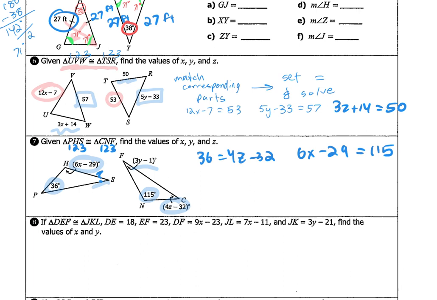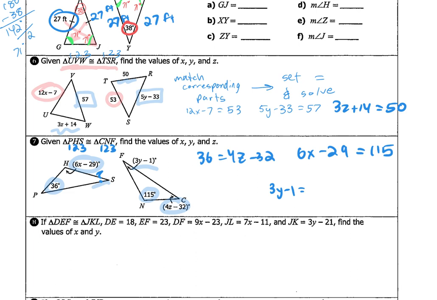So in order to figure out what to set this equal to so I can solve, I have to think, well, it's maybe what I would do initially anyways, but you kind of have to think to yourself, like I know what angle P is. Do I maybe know what angle H is? Or over on the other one, know what angle N is? Do I know what one of the other angles is?